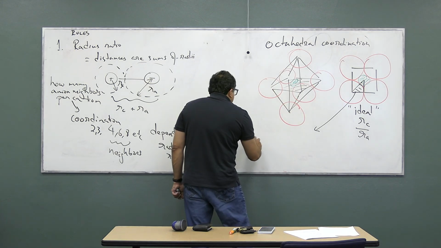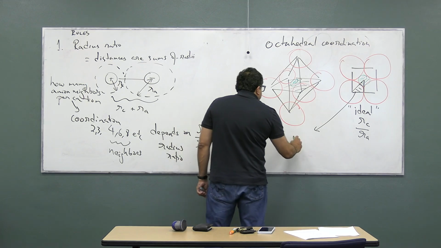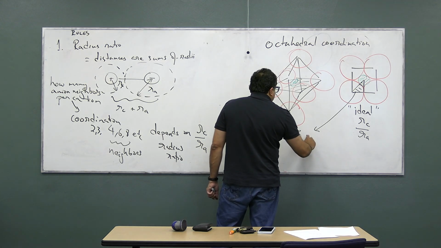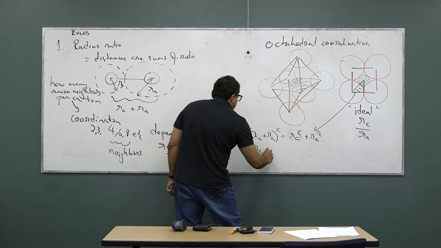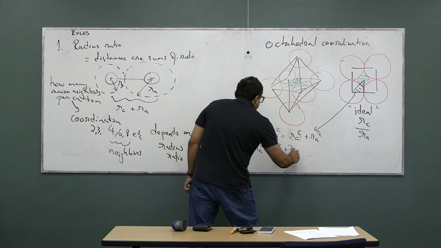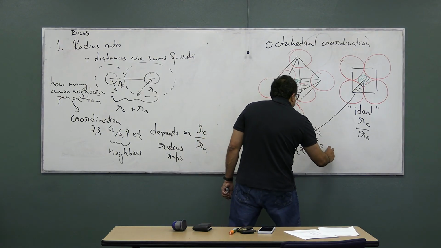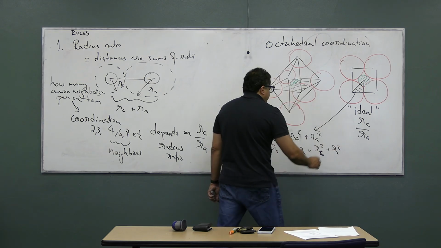the right angle theorem: (RC + RA) squared is equal to RA squared plus RA squared. So RC squared plus RA squared plus 2 RC RA is equal to RA squared plus RA squared.